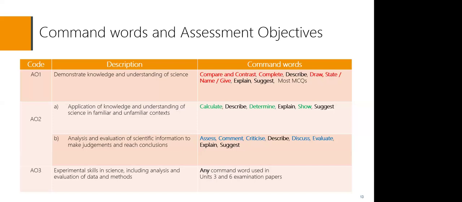This slide shows how different command words have been used to assess different assessment objectives. Some of the command words, those in red, will almost always be assessing AO1, e.g. compare and contrast, complete, draw, state, name.